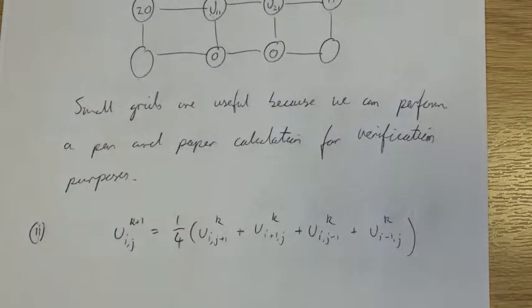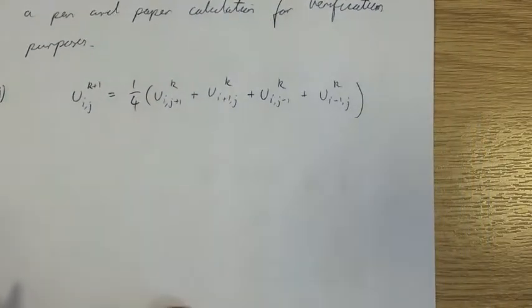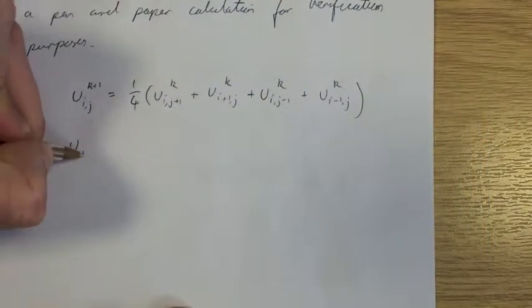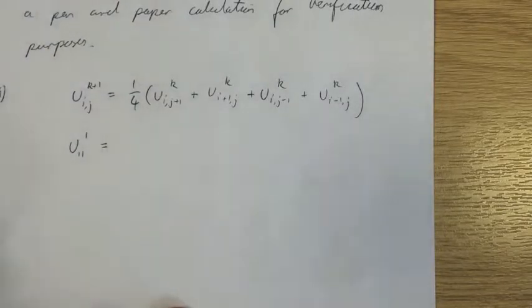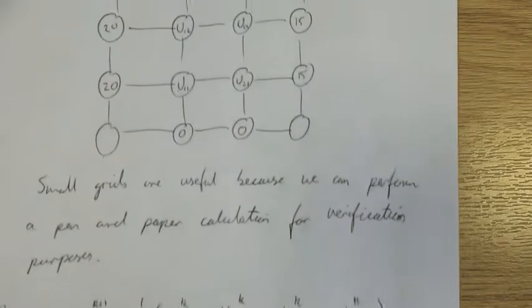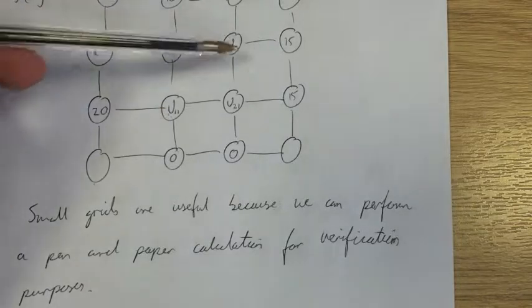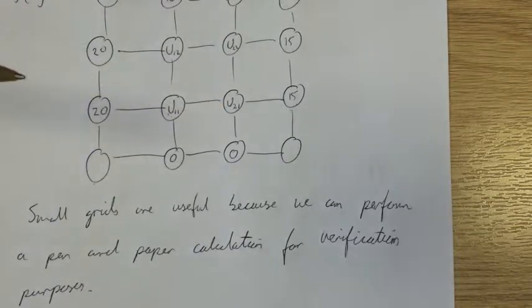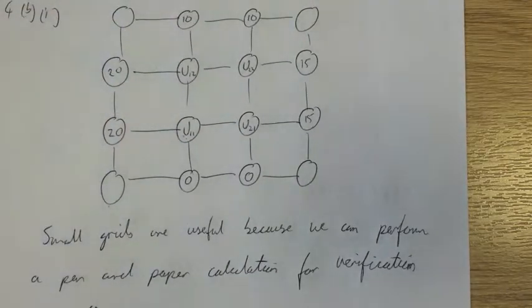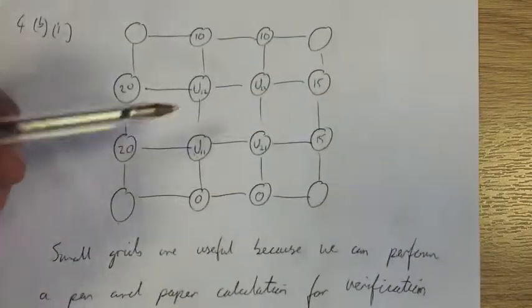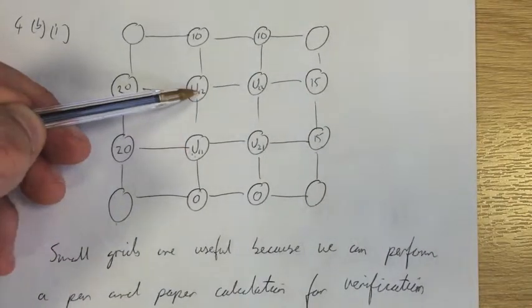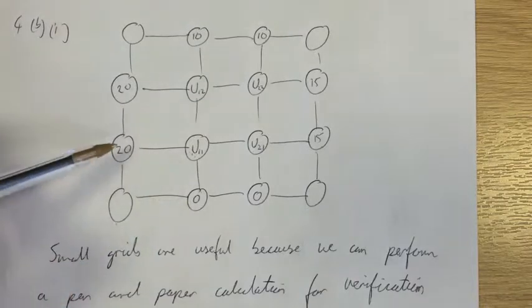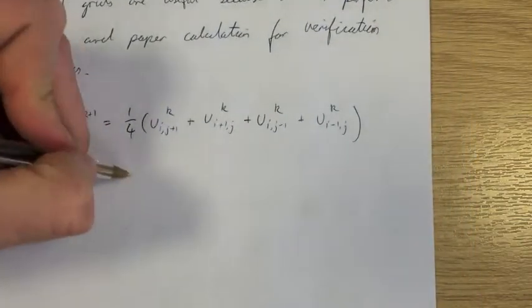Okay, so if I was to perform this calculation, u11, and in doing so I tend to always assume that the initial values of these are 0. It doesn't matter what initial values you start with for an elliptic PDE. So u11 is going to be 0 plus 0 plus 0 plus 20, all divided by 4.